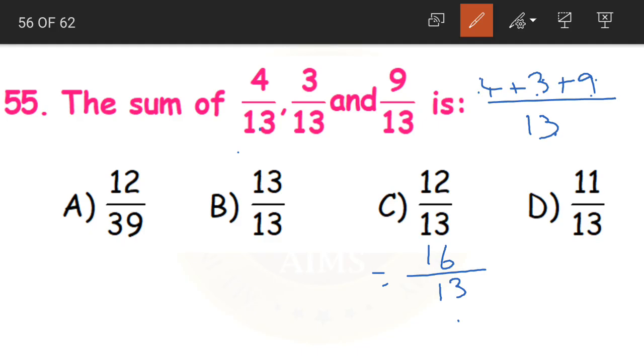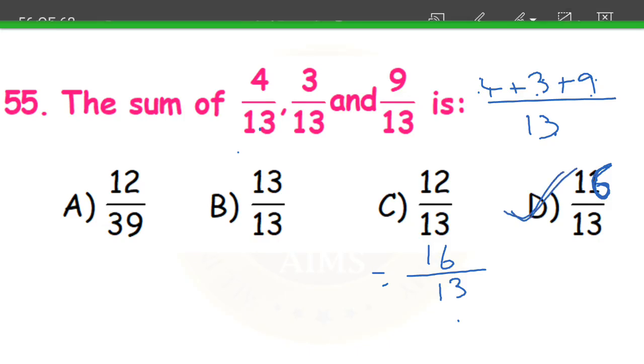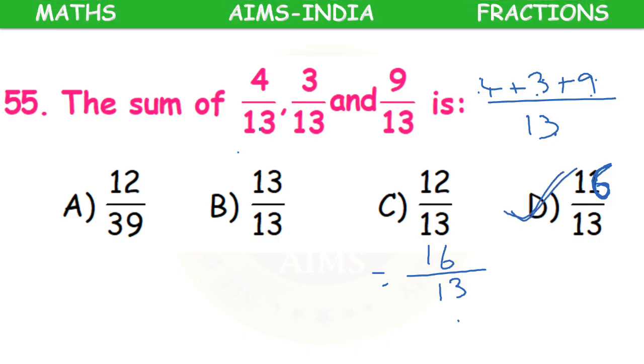So 16 divided by 13 is our answer. But we are not having it in the given options. Let us assume that option D is 16 by 13 and 16 by 13 becomes our correct answer.